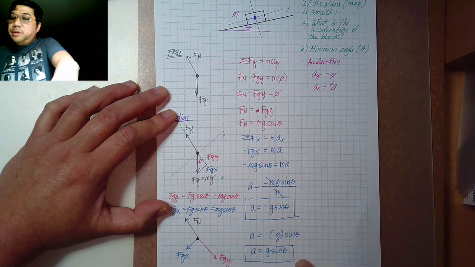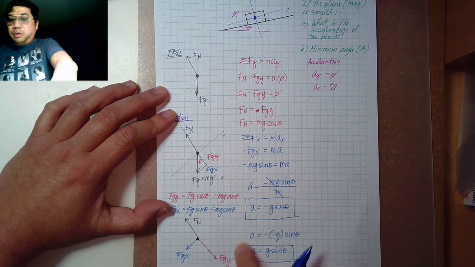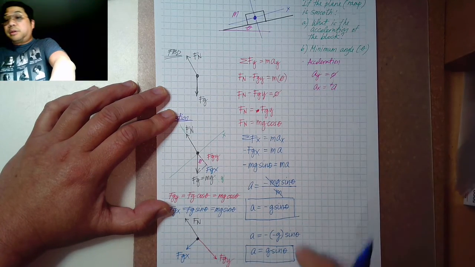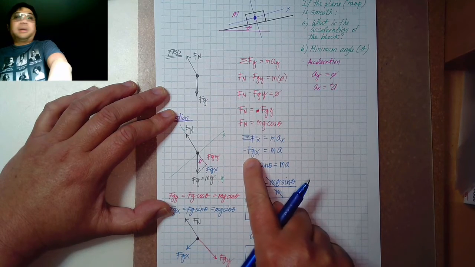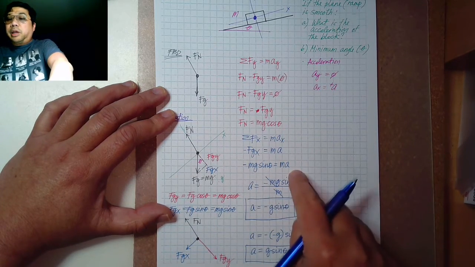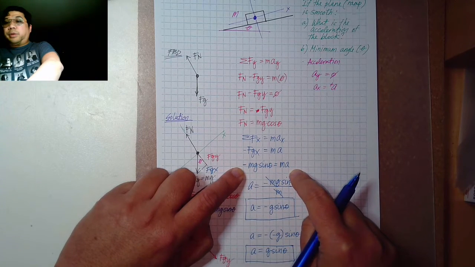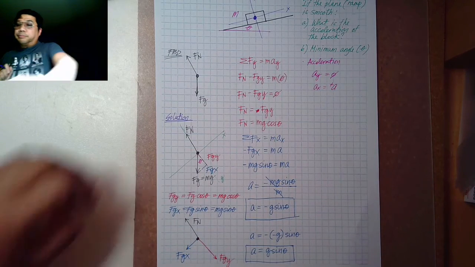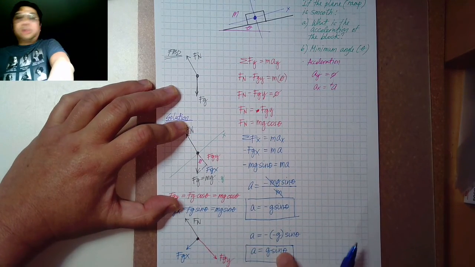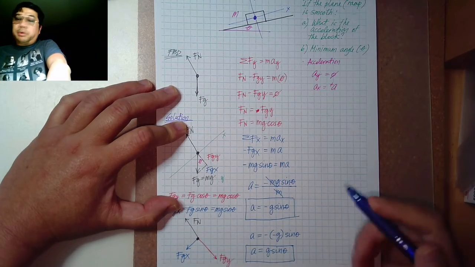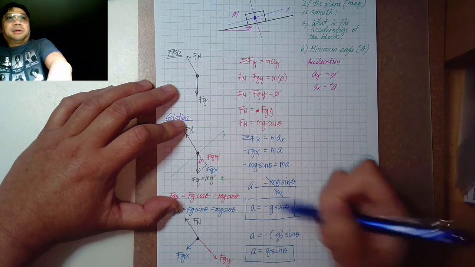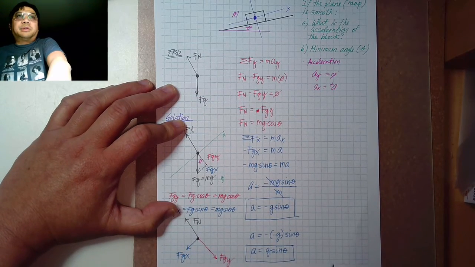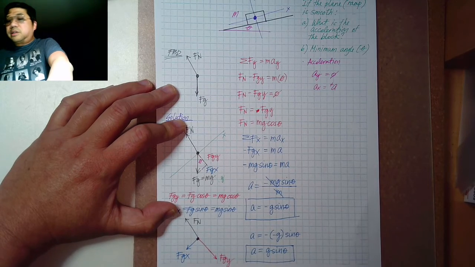All we have to do is use the same equation from A. You have the option: you can use this A, or we can use the section where it says mg sine theta, because whether we like it or not, the masses will cancel. So we can just use the same equation, which is A equals g sine theta.